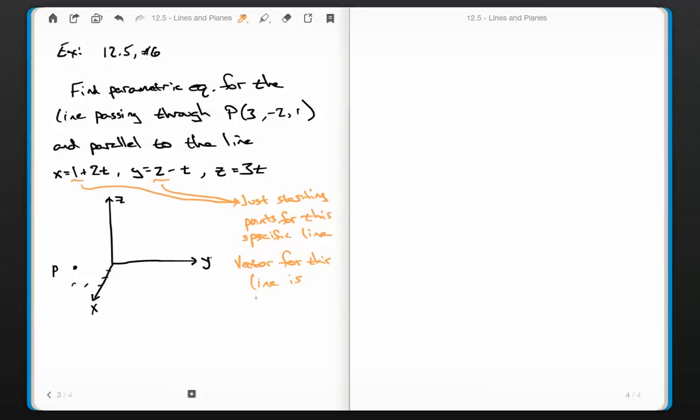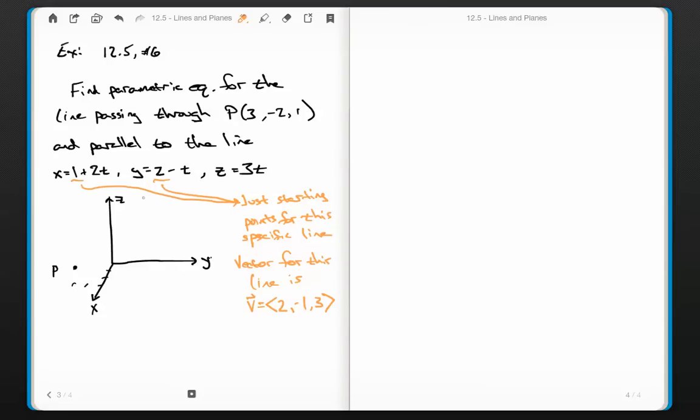We could say that v equals, well, every time t increments by 1, the x increments by 2. Every time t increments by 1, the y decreases by 1. And every time t increases by 1, the z increases by 3. So the direction for this vector is 2, negative 1, 3. The 1 and the 2 here don't matter at all. They don't affect the direction of the line. They just determine where it starts.